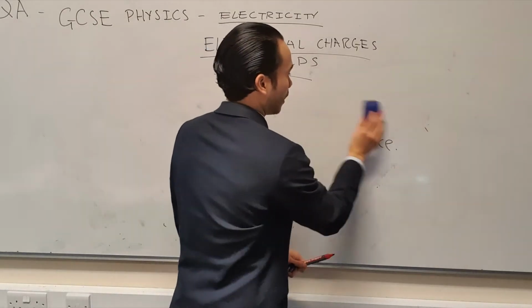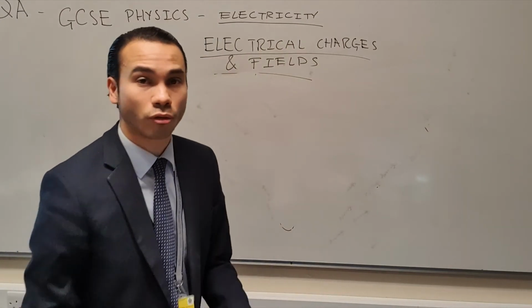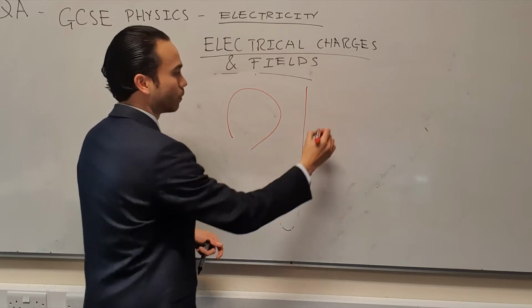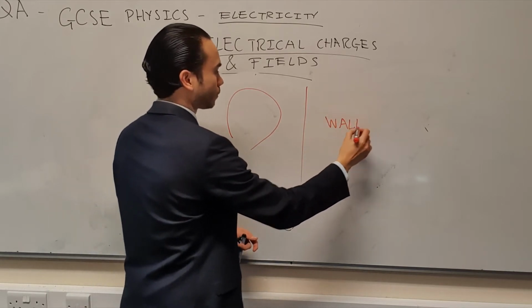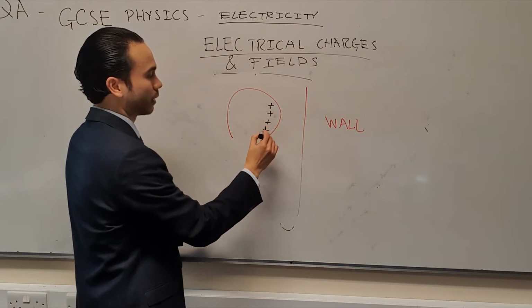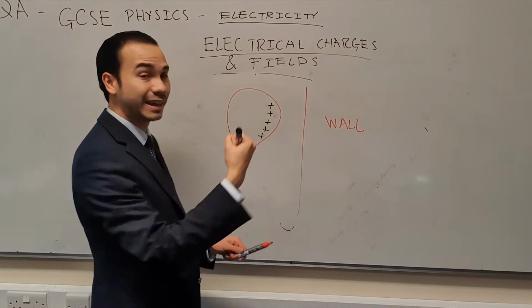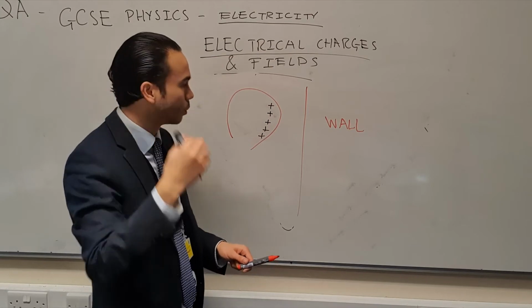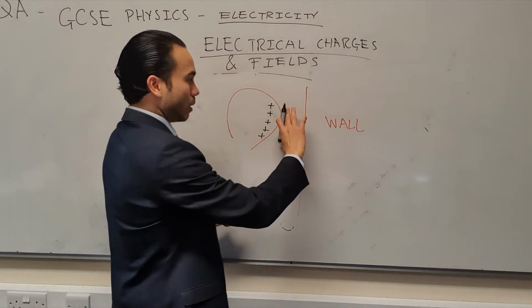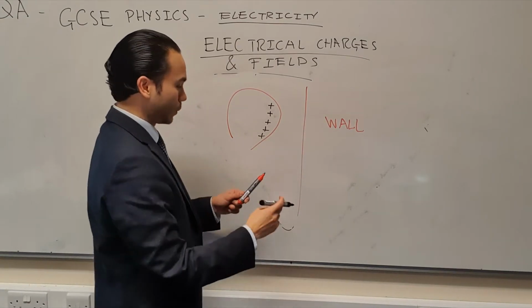And as we've said, opposites attract, so for instance, here's my balloon and here's my wall. If my balloon has an excess positive charge because we've taken some electrons from it when we've rubbed our hair onto it, as this balloon moves towards the wall, what's it going to actually do?